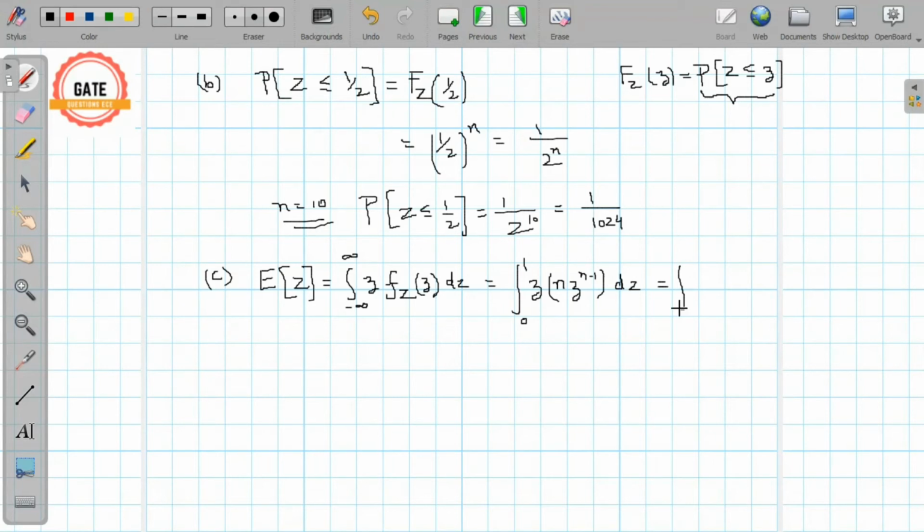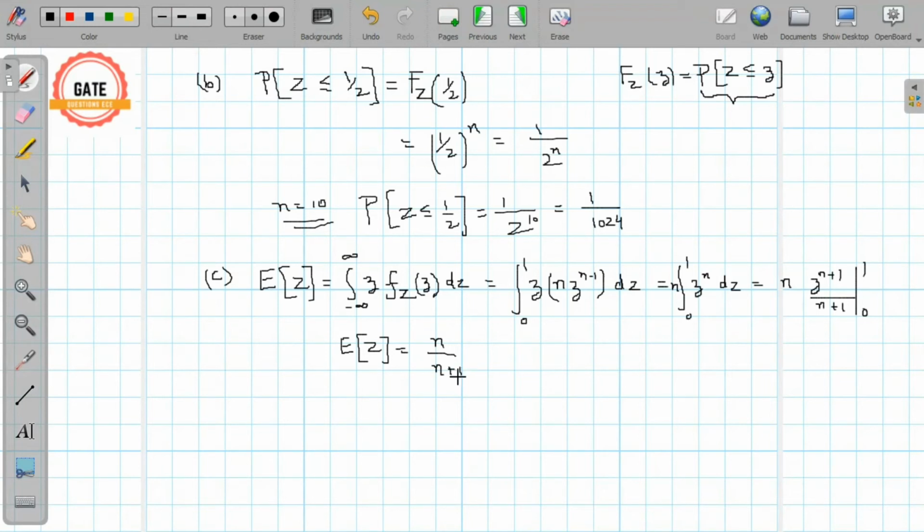So n will come out of the integration, and this will be z raised to power n dz, 0 to 1. So this is nothing but n times the integration, which will be z raised to power n plus 1 divided by n plus 1, limits 0 to 1. So putting these limits, you can calculate, the expectation of z will be n over n plus 1.